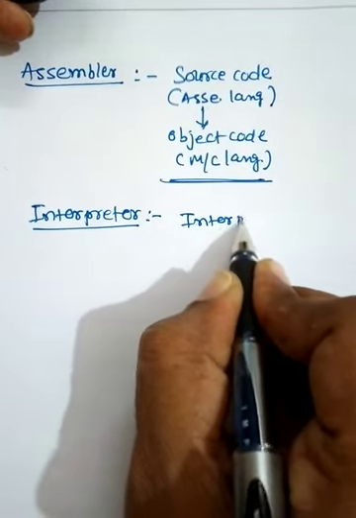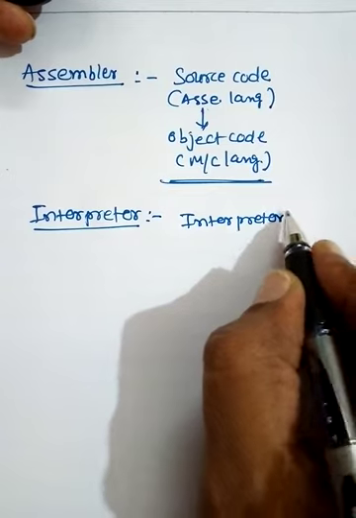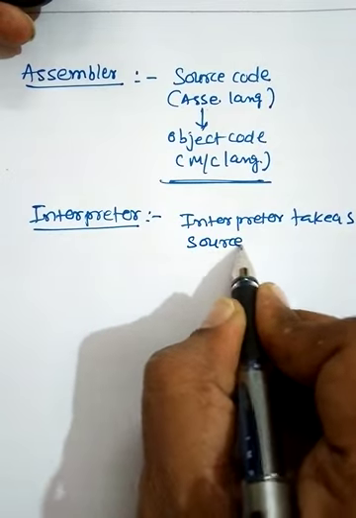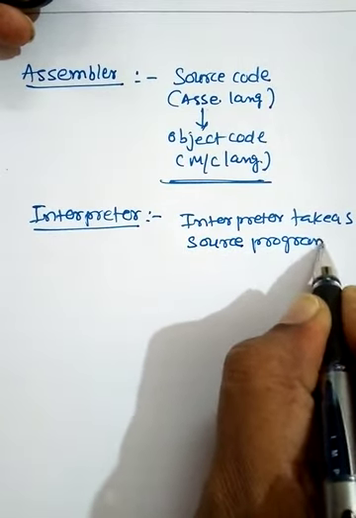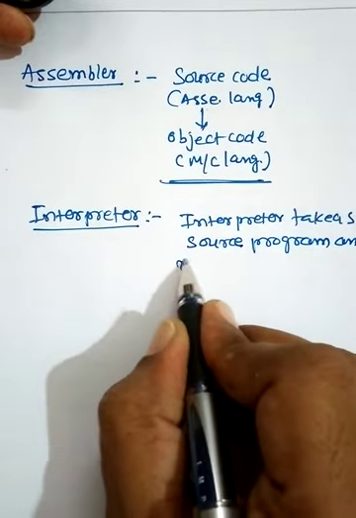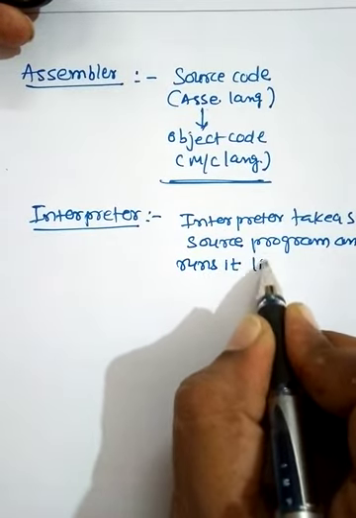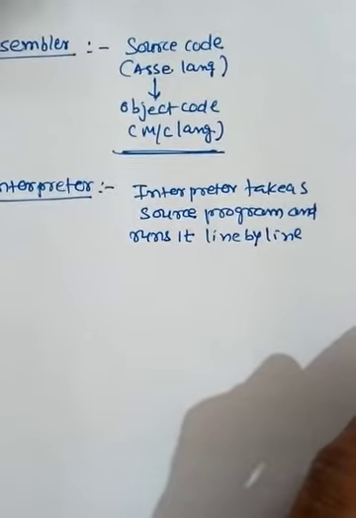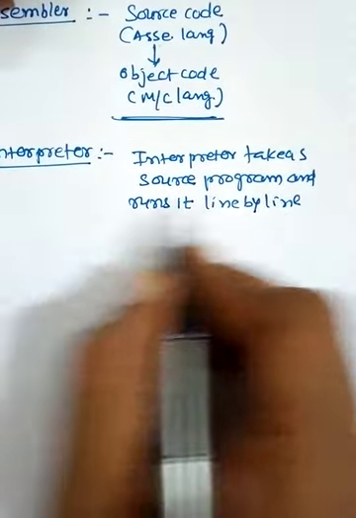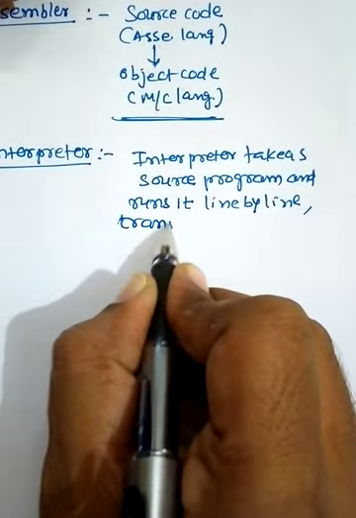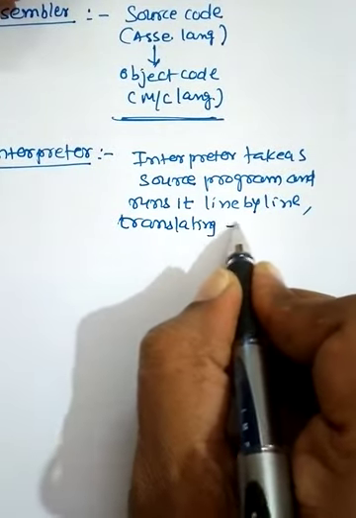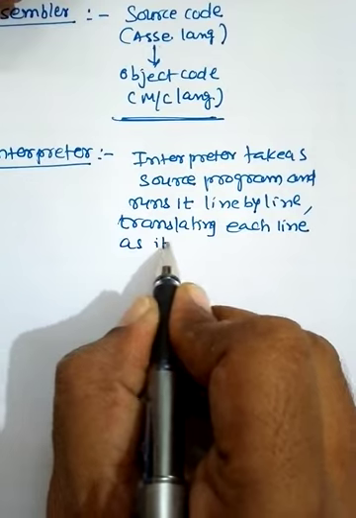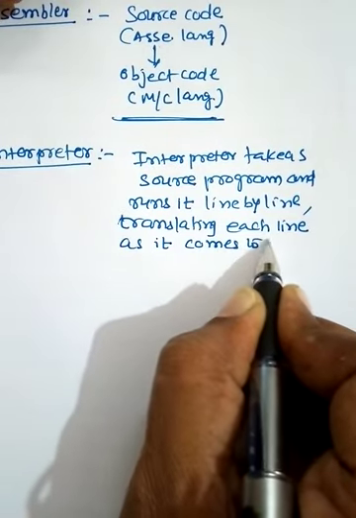The interpreter takes a source program and runs it line by line, translating each line as it comes to it.